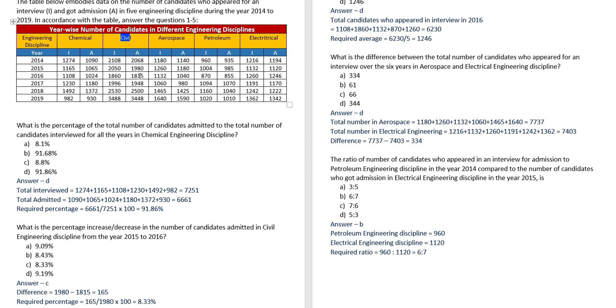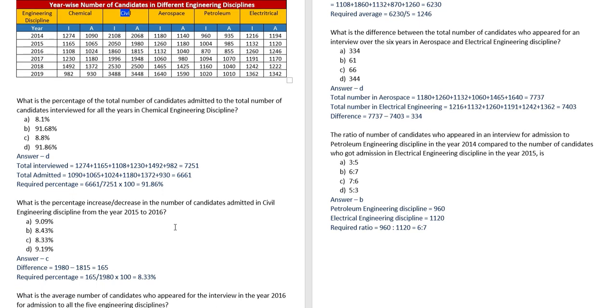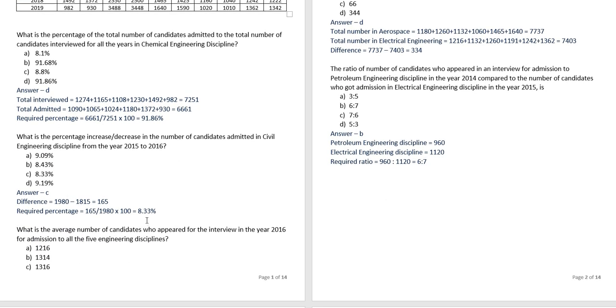So in the denominator we take the figure of 2015, not 2016. Any percentage is multiplied by 100, so you get the figure 8.33%. See, 8.33% is given in option number C, so option C will be the answer.